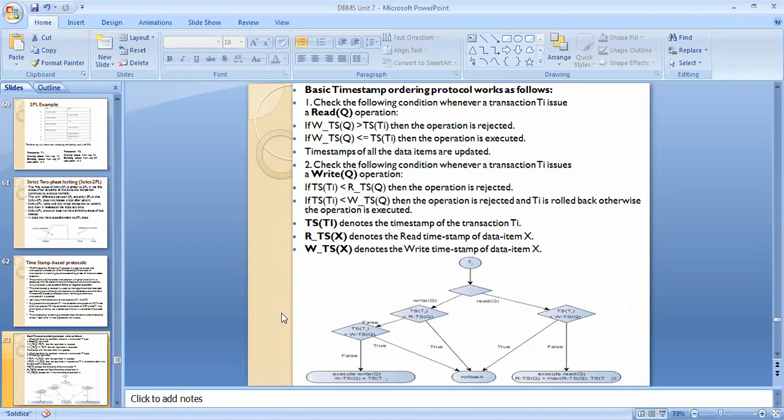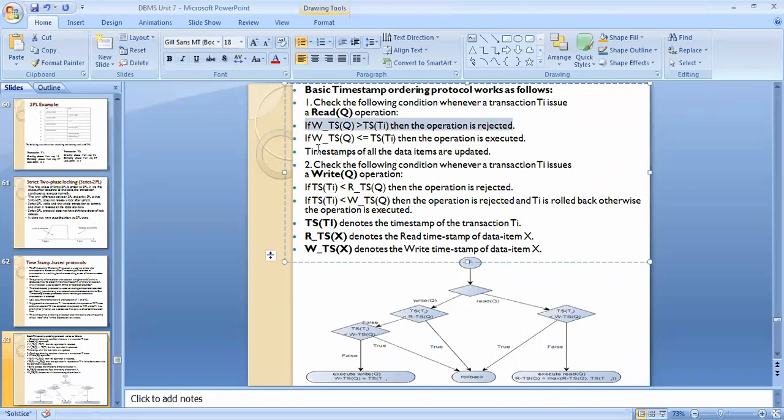See, here a transaction TI issues a read of Q operation. If the write timestamp of Q is greater than the timestamp of TI, then it came later, so that's why this operation gets rejected.